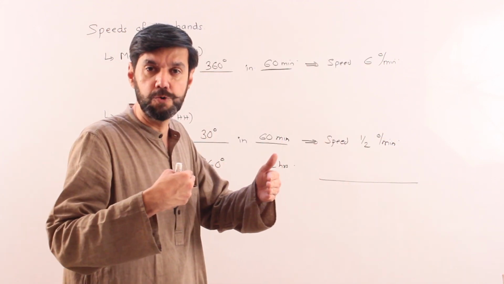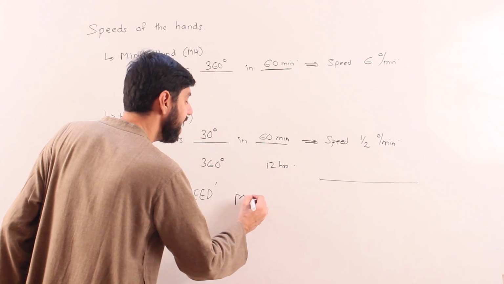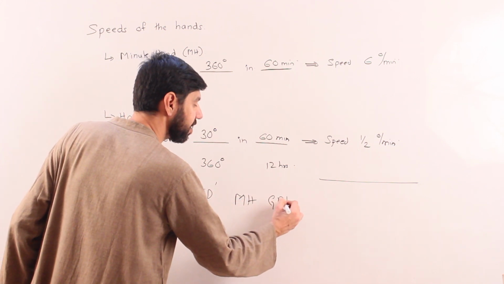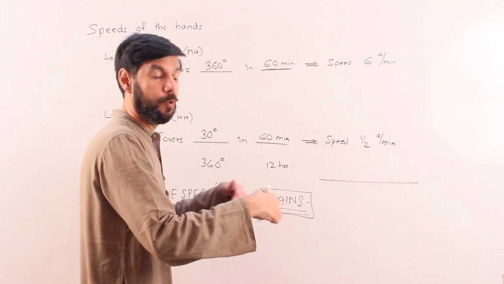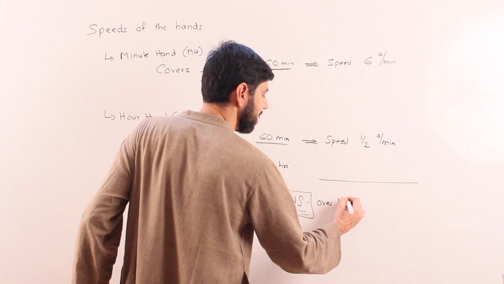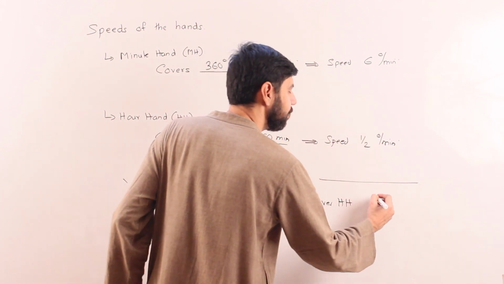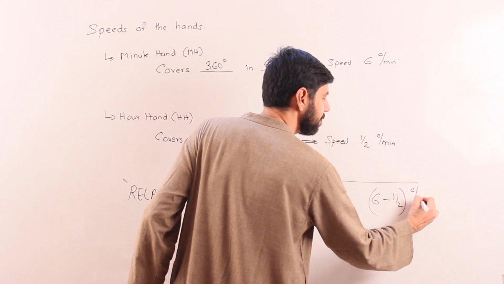So when two people move together, you find the minute hand gains. The more important word here is gains. The minute hand gains over the hour hand how many degrees? 6 minus half, that many degrees per minute.